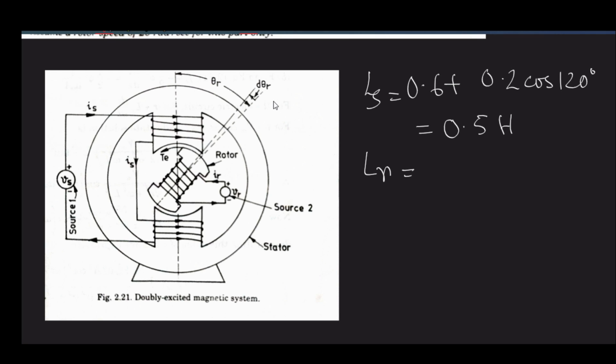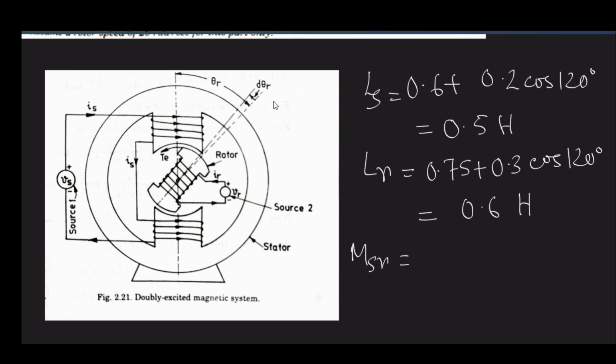Similarly, LR you can calculate: 0.75 plus 0.3 cos 120 degrees, that is 0.6 Henry. And the mutual one is 0.8 cos 60 degrees, that is 0.40 Henry. So we got all of this.